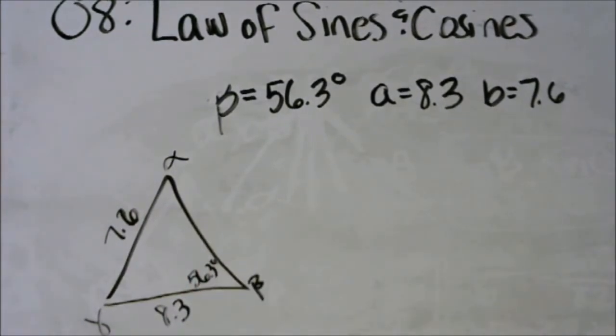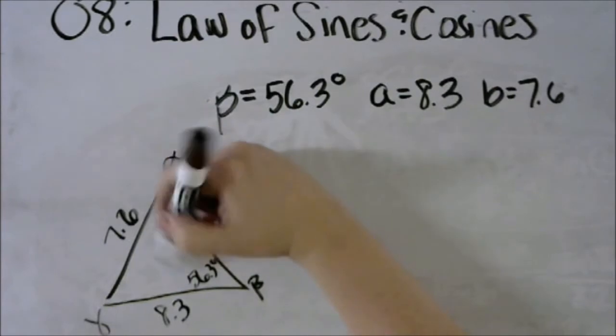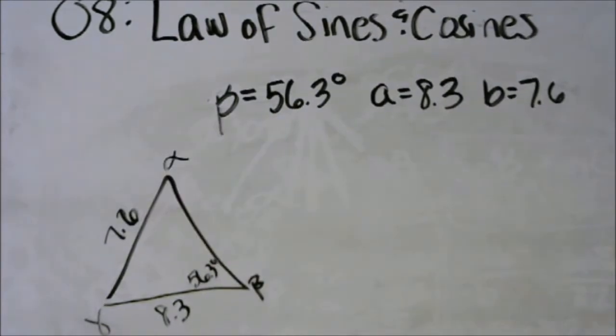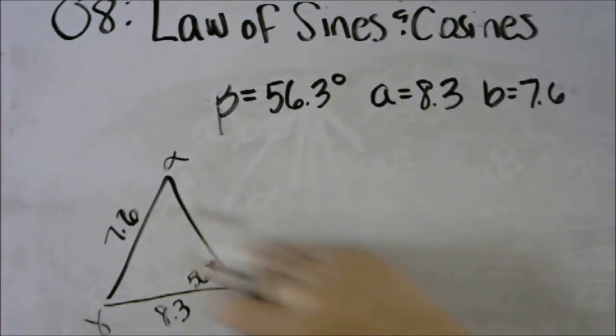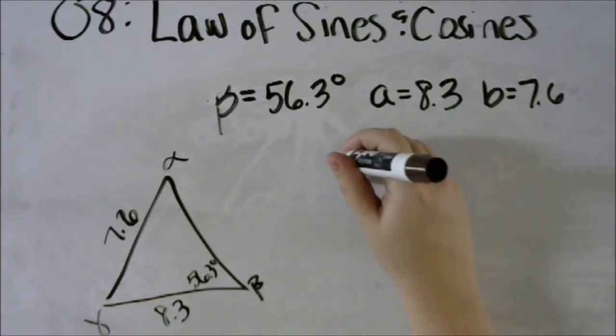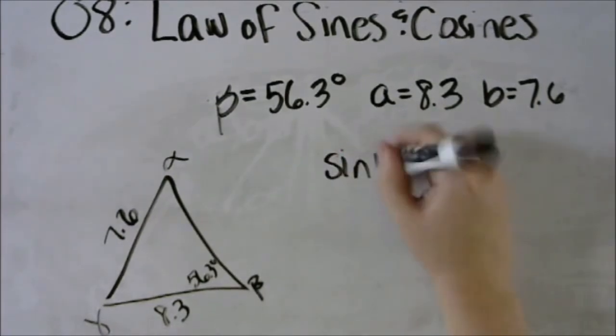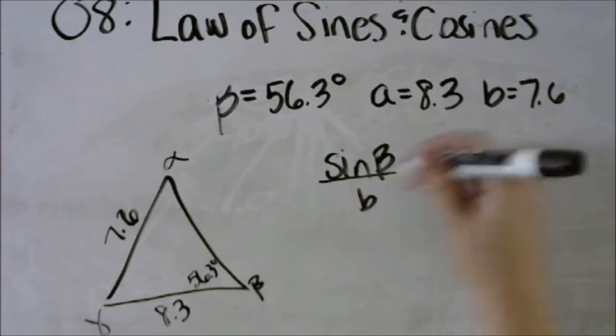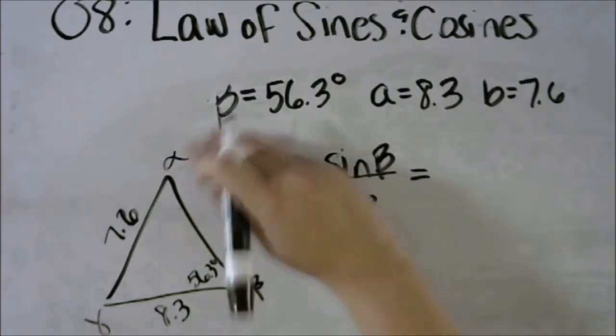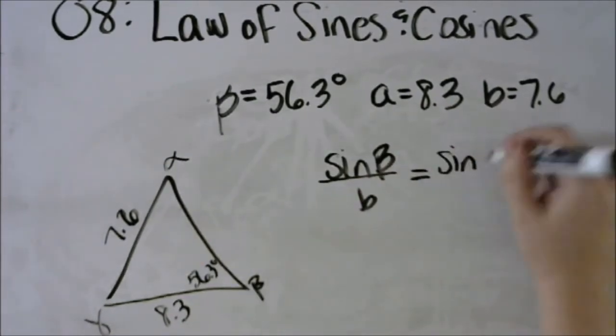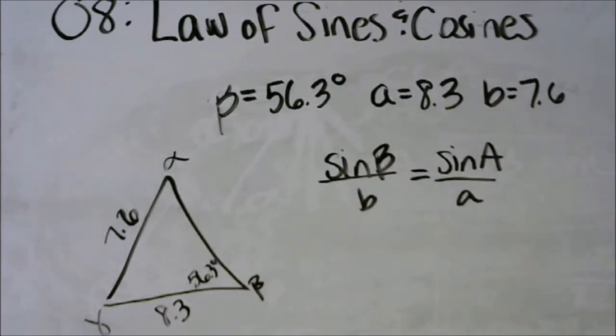Unlike in the last example, I do not know two of the angles, so I can't find the third angle. However, I do know an angle and its corresponding side, which is the kind of setup I'm looking for to use the law of sines. So I'm going to be starting with sine beta over B is equal to sine A over A, and I'm going to start by finding the missing angle A.